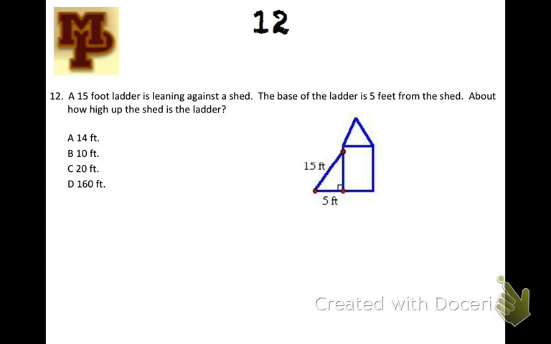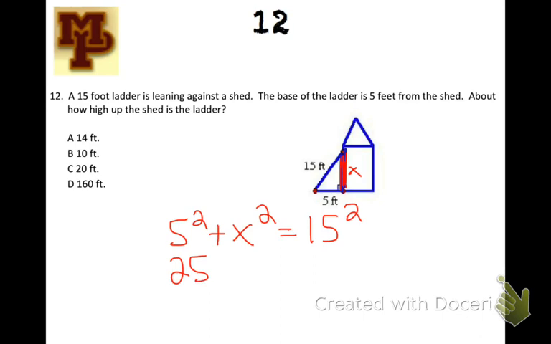Okay, this one we're trying to figure out how high it's going up right here. So that would just be the Pythagorean theorem. So we would go 5 squared plus x squared equals the hypotenuse squared, so that would be 15 squared.